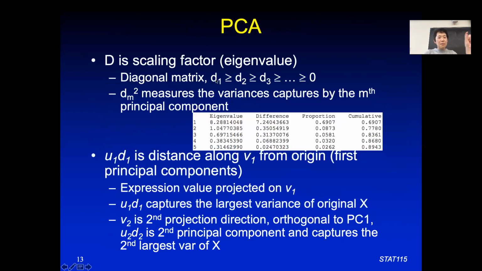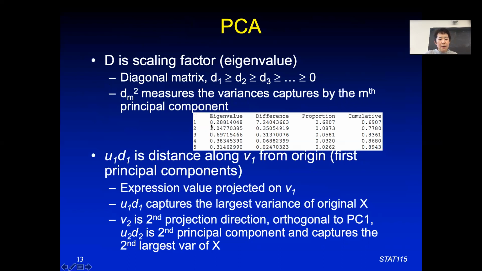The first number is bigger, the second one is smaller, the third one is smaller and smaller still. They basically tell you how much to scale each of the principal components. And the squares of the values in this D matrix measure the variations that are captured by the top number of principal components.